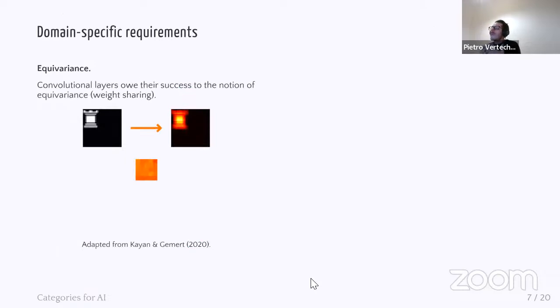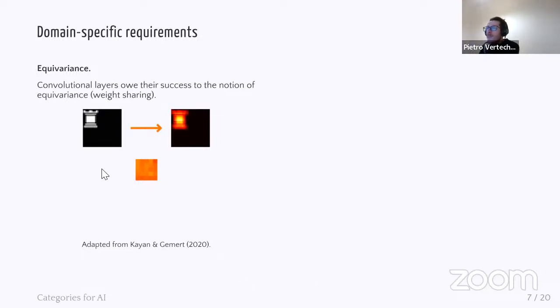And for this to be practical, we want that our linear layers are informed by the domain. And this, I think, can happen in one or two ways. The first thing that we should keep in mind is equivariance, which I think was a key factor in determining the success of the convolutional layer for images.